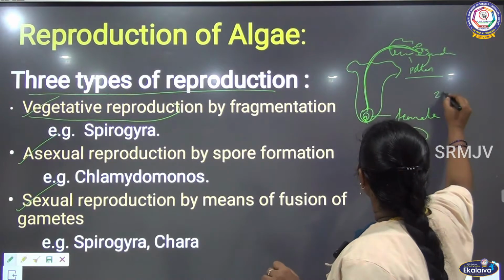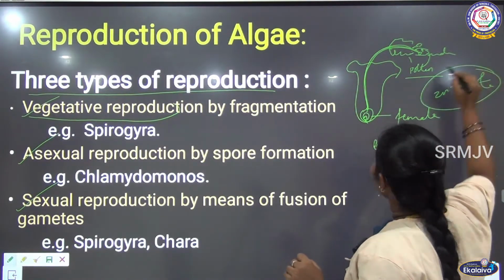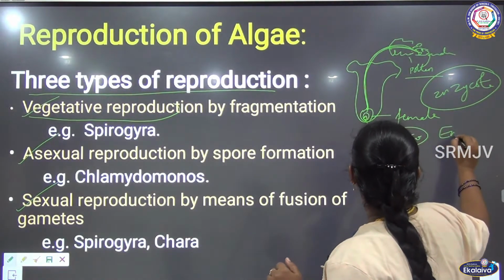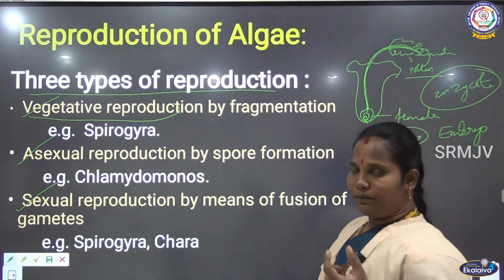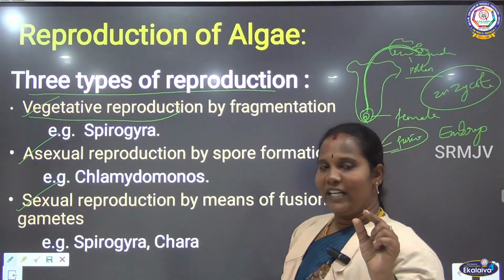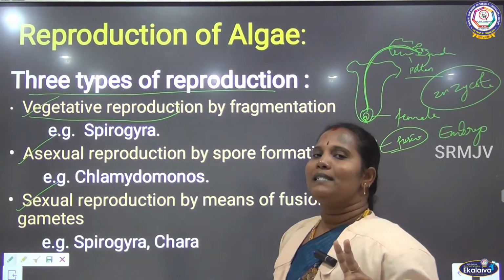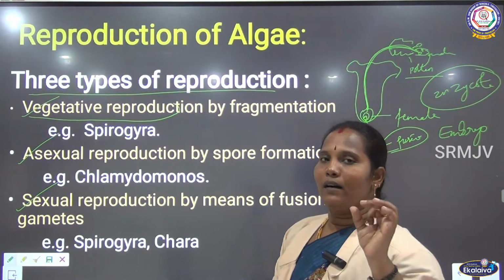Then they make a 2n zygote. Actually this 2n zygote is called the embryo. Embryo, we know very well, is the fertilized cell. Actually the male cell and female cell both fuse together, then they make the embryo.